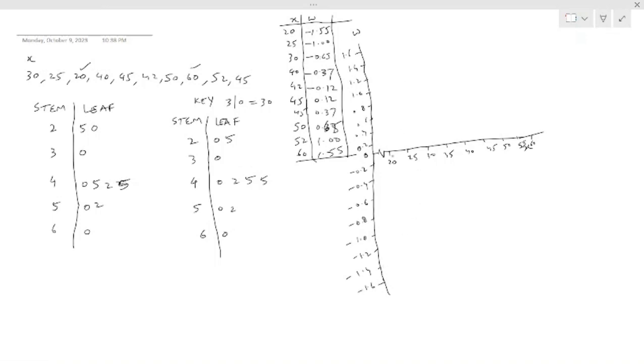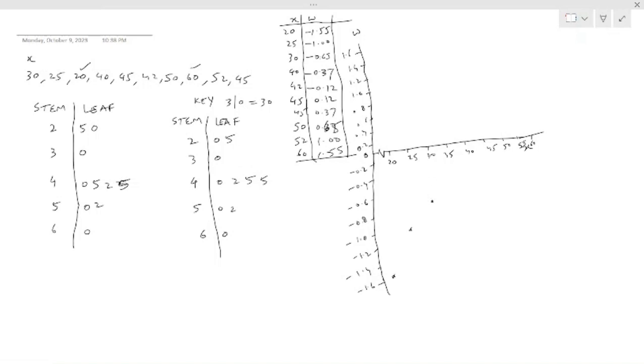Now read out the value on horizontal axis and locate accordingly its corresponding normal score. So 20 with minus 1.55, that may be located here roughly. Then across 25, that's minus 1. Then across 30, it is minus 0.65, nearly over here.